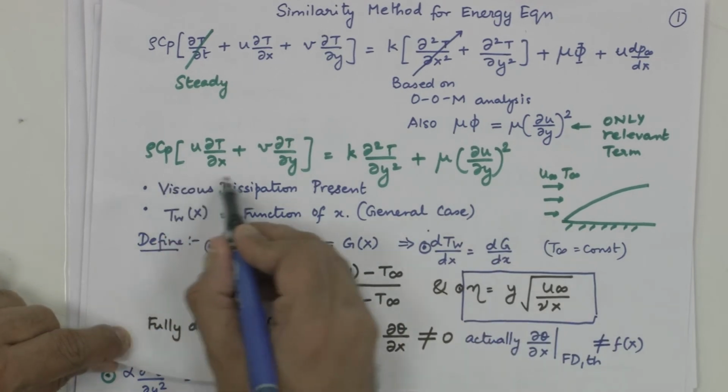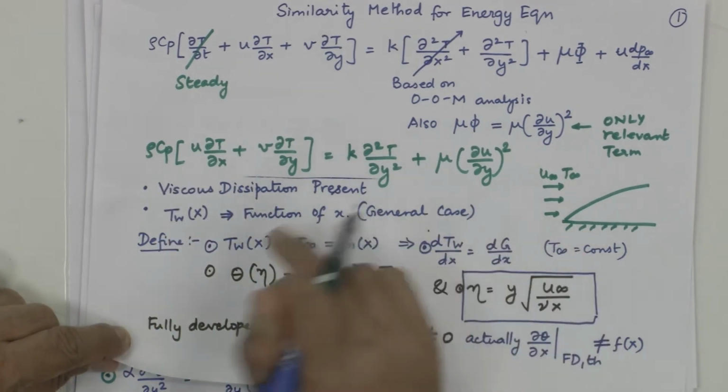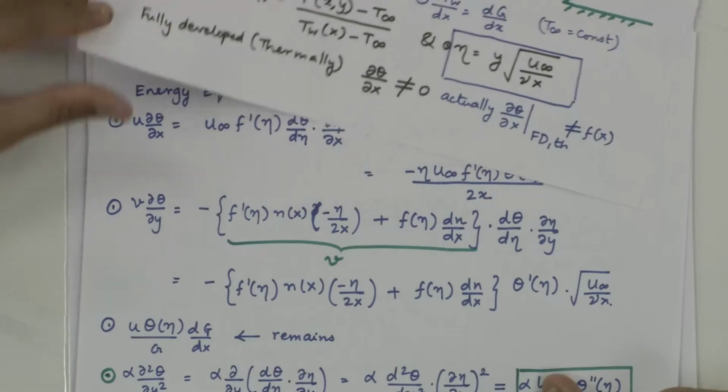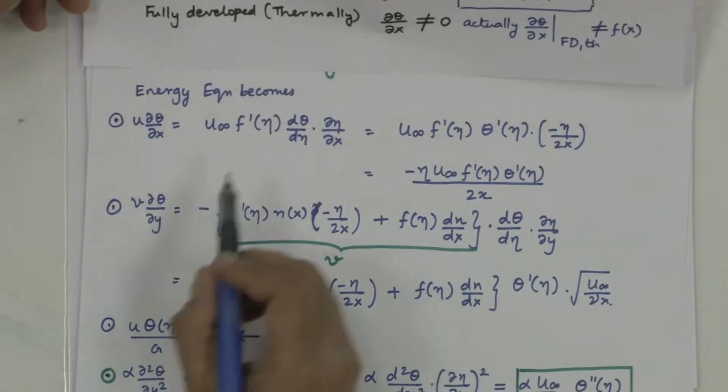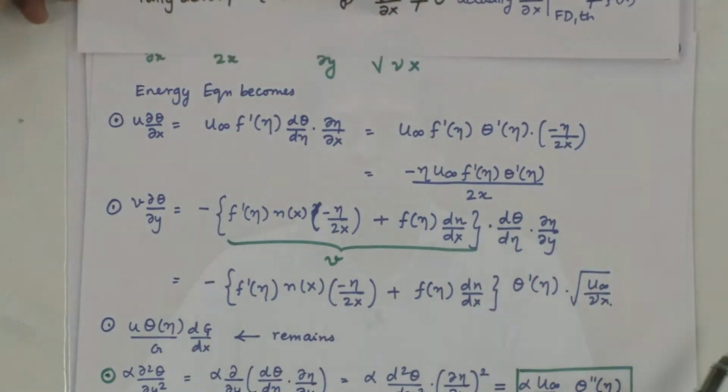We have now written everything in terms of θ and η, and we have several terms left over. Those will get eliminated, or grouped together to form several groups of terms which have to either be constant or not functions of x and y, so that similarity is satisfied. This will be done in the next module.